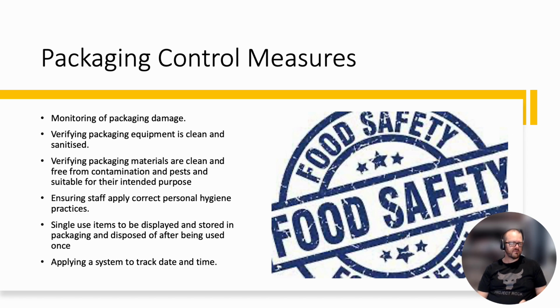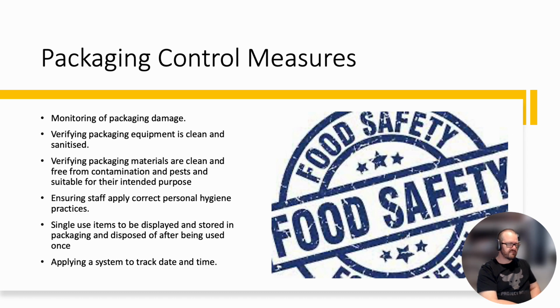Ensuring staff apply correct personal hygiene practices. So that's watching staff and what they are doing in their work daily. Are they following their requirements under the food safety program? Fundamentally, whoever the food safety supervisor or the business operator is, it's their responsibility to ensure that staff are trained and following the proper hygiene practices.